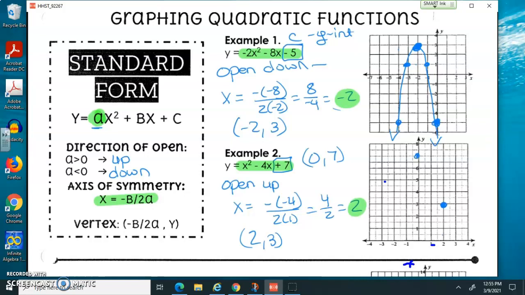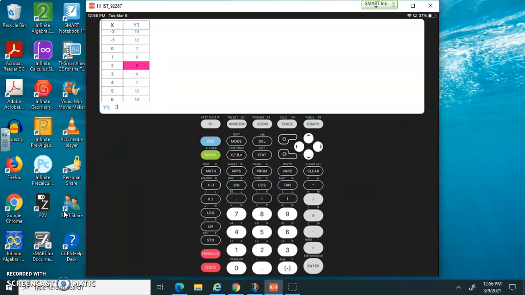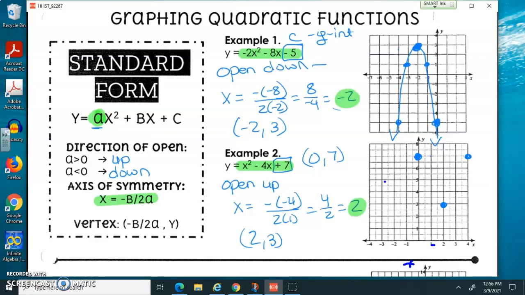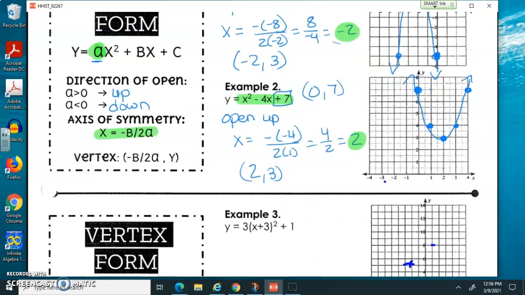We know 0, 7 is going to be our y-intercept, and since that is 2 from the vertex, then I can go the other way and I'll have another point there. And then we know at 1, 4 and 3, 4 is a point also. So that is graphing in standard form.